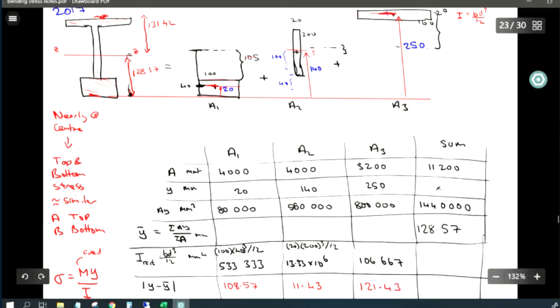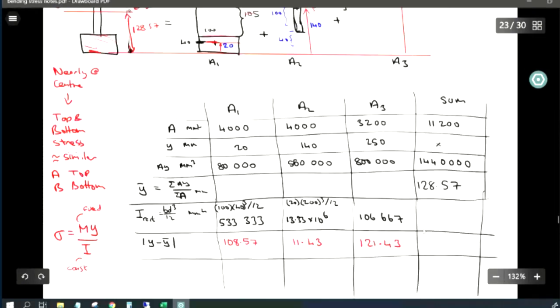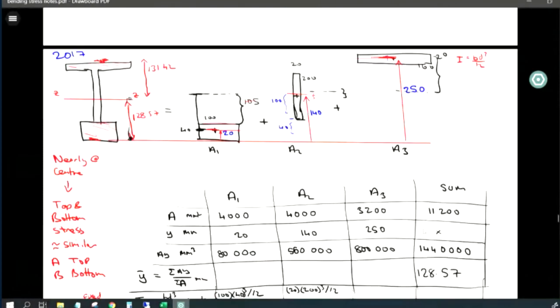Okay, so the I values we have there are the I values of each of those rectangles about their own center, and we need to translate them to the I value about the centroid. So I'm just going to rub out some of the gunge in the middle there.